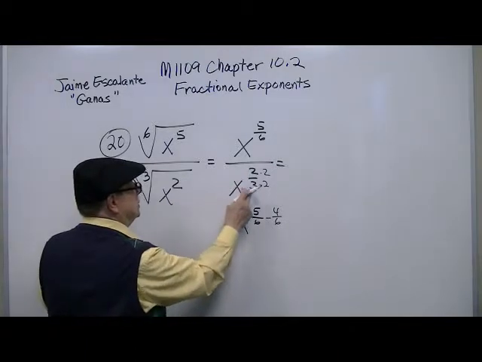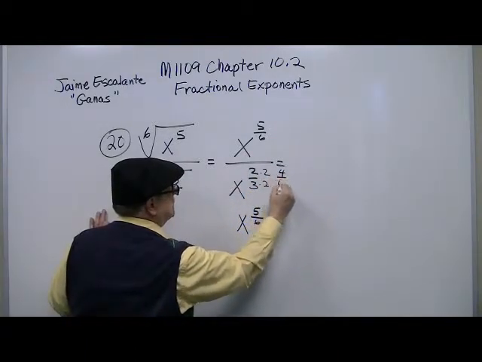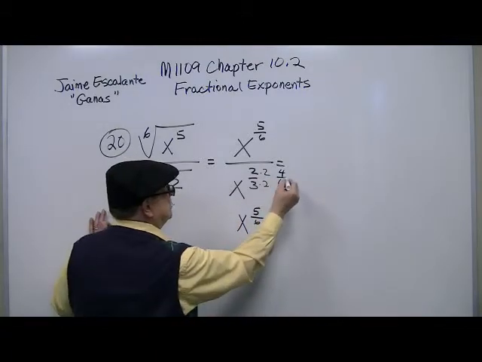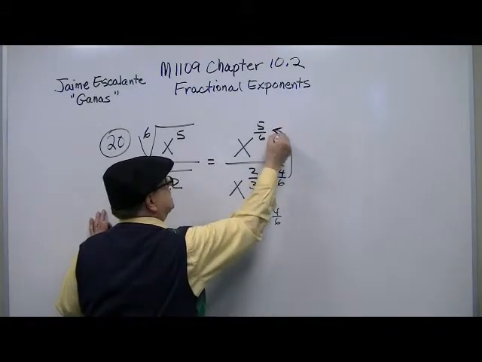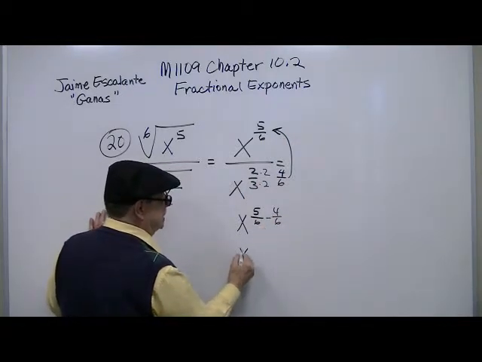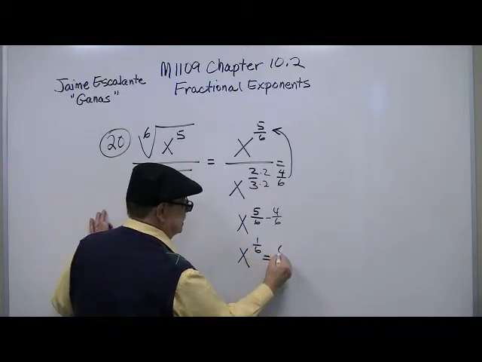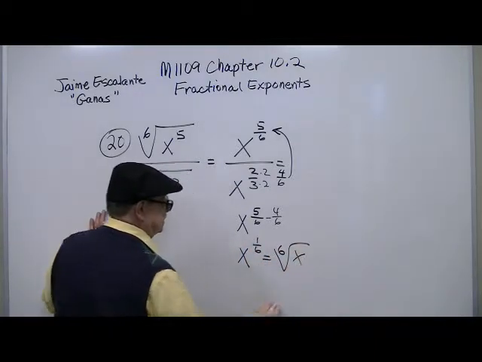So my 2/3 I converted to 4/6. I then brought this 4/6 up to the top, subtracted it from that, and I now get x to the 1/6, which is the 6th root of x.